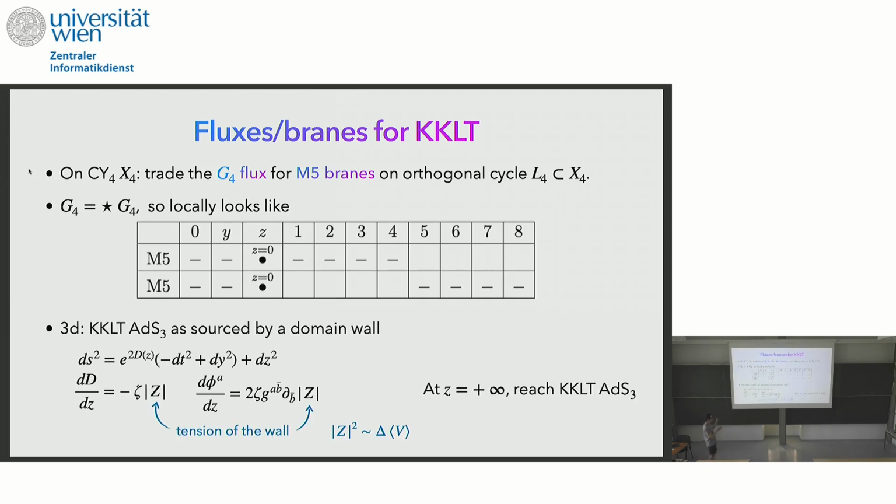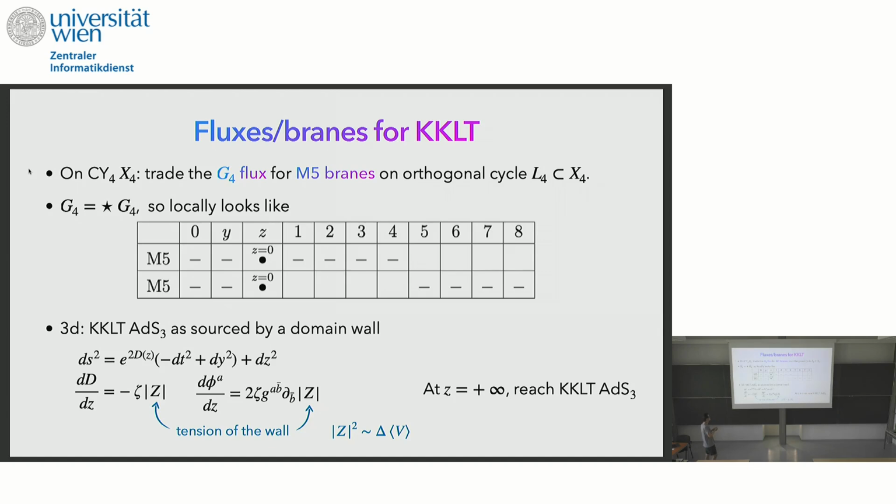So from the three-dimensional perspective, that is to say time, y, and z, this KKLT AdS3 would be sourced by the domain wall. They can write an ansatz that is governed by some scale factor d of z, where z is this domain wall dimension.